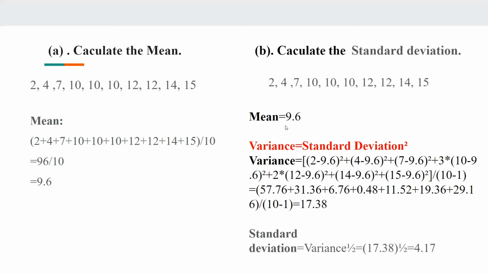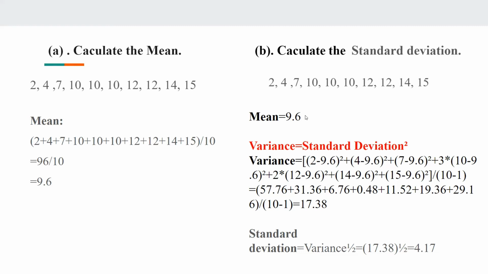Let's move on to question B, calculate the standard deviation. As we know from question A, the mean is 9.6. As we have learned from the lecture, variance equals the square of the standard deviation. So we always calculate the variance first. The process of calculating the variance is here.